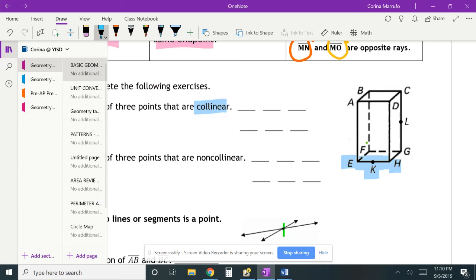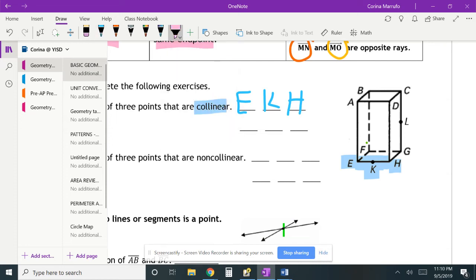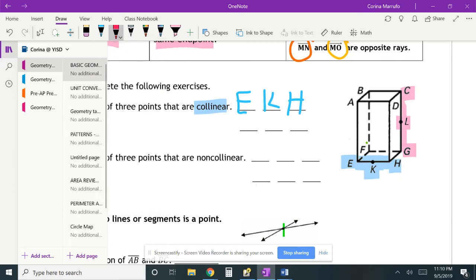So I'm going to write here E, K, and H. And I'm going to look for another spot. So another spot would be C, L, and G. They are all collinear because they are all on the same line. So I'm going to go ahead and write that down. C, L, and G.